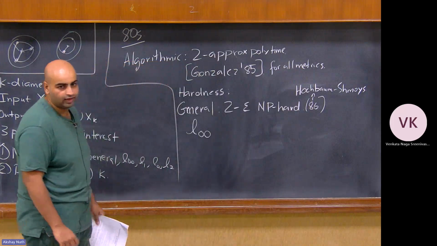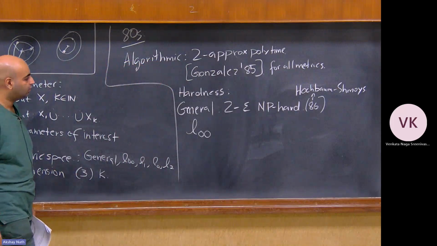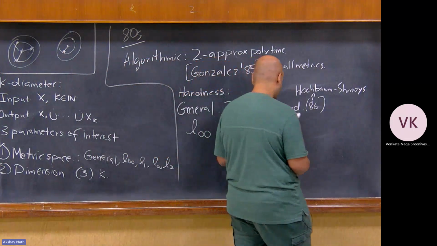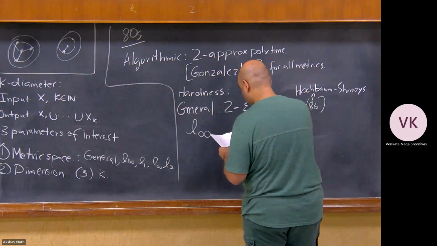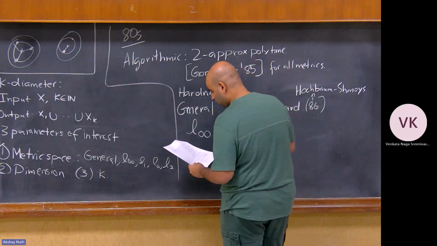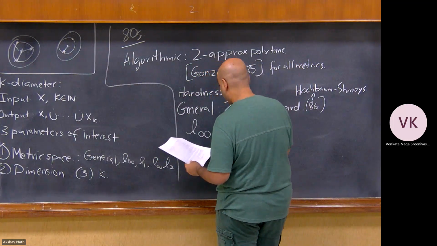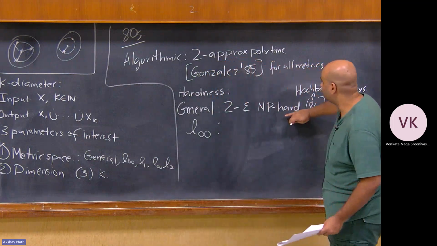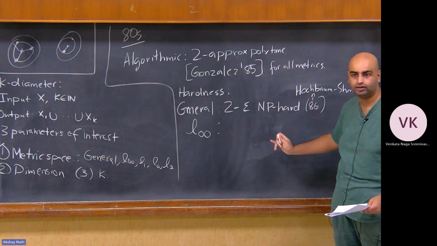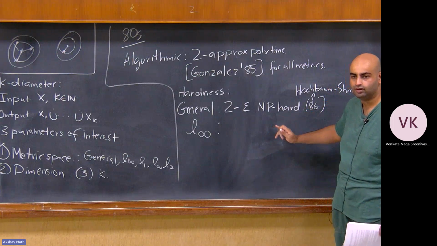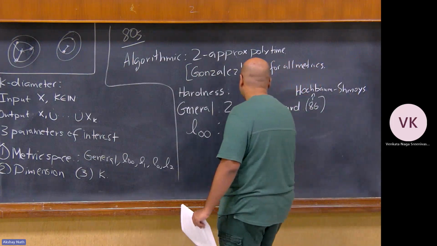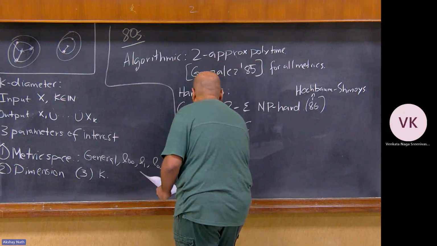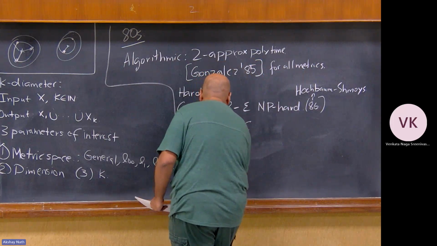So we can then ask for L infinity. But even for L infinity, what do we know? You can just take this instance and embed it using what is called a Frechet embedding, and you get 2 minus epsilon hardness. And this is true for L2.